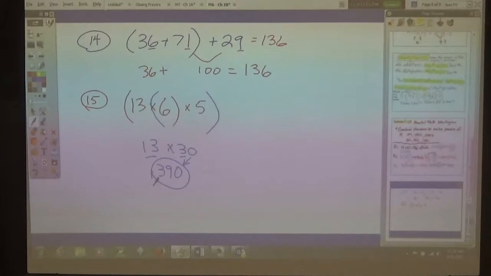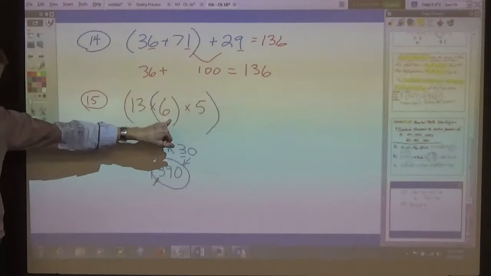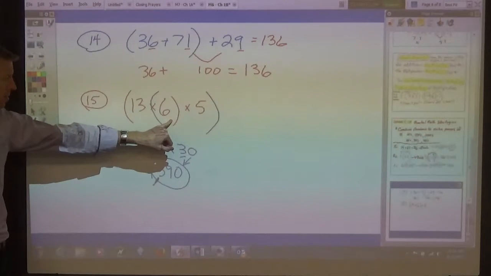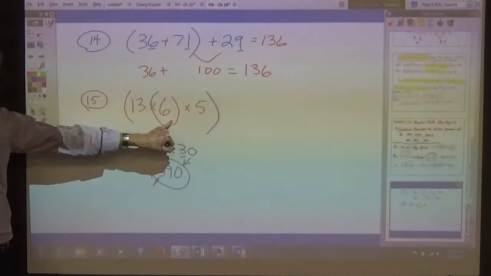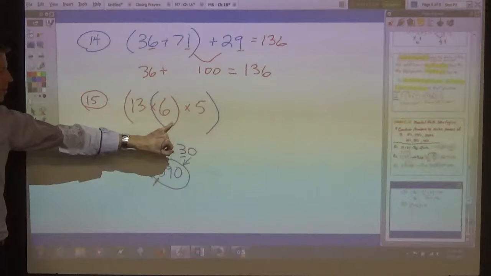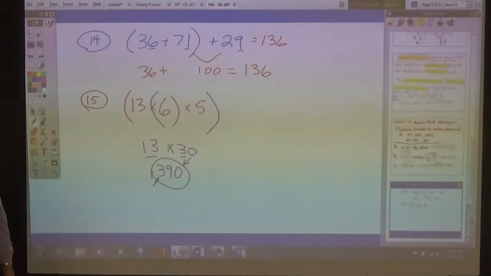I have a question. Can't you just give the 3 from 13 to the 6 and make it a 10? I don't know how that makes a 10. Like put the ones place and give it to 6.